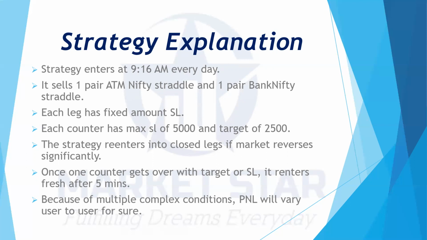So in that case, whatever it may be, the premium decay doesn't happen. If the premium decay doesn't happen in any of the legs, and we have 4 legs, puts are also increasing, calls are also increasing. So in that case, each leg's stop loss may not work. So to handle that kind of scenario, we have a master stop loss for the entire strategy.